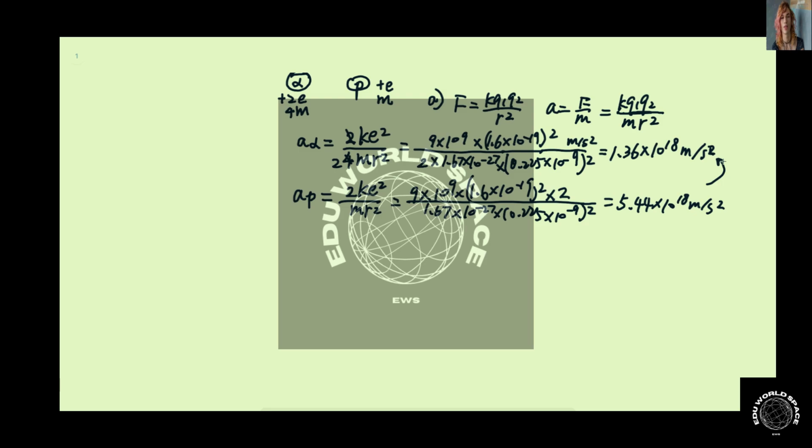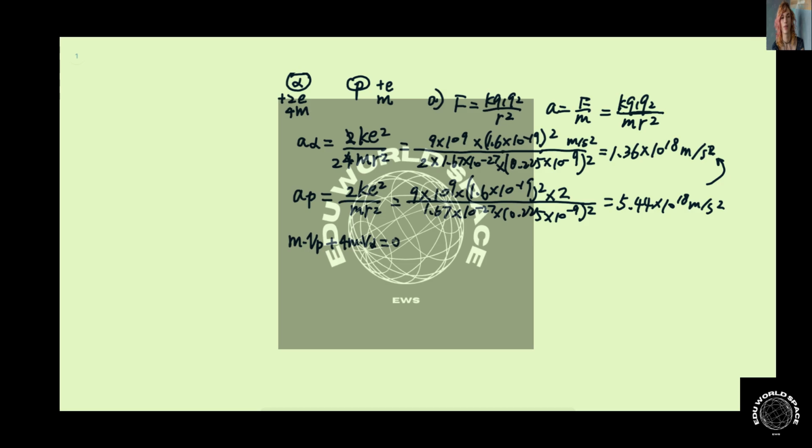So the conservation of momentum is what we need for finding the speed. We can already see it from the acceleration, because the momentum has to add up to 0, since it was initially at rest. The speed of the m particle must be 4 times larger than the speed of the 4m particle, because m times v of proton plus 4m times v of the alpha particle is 0.